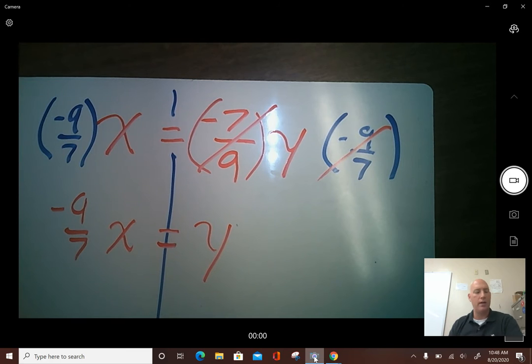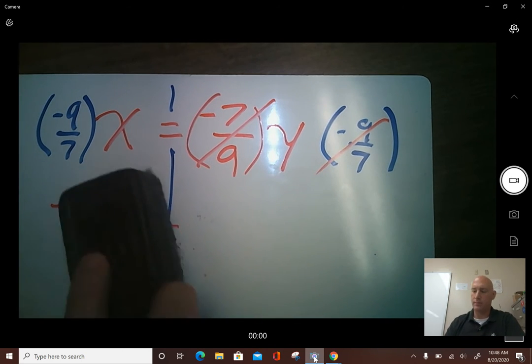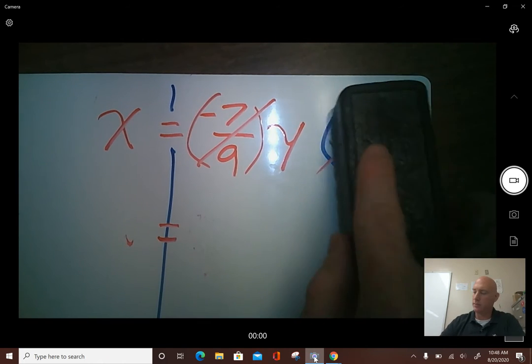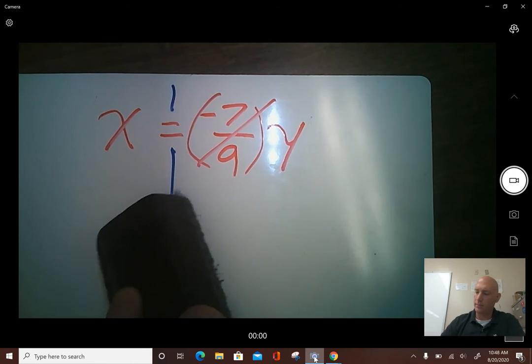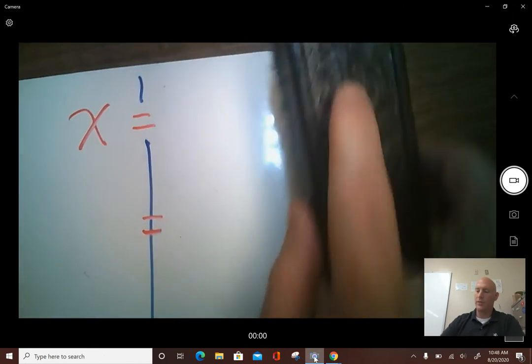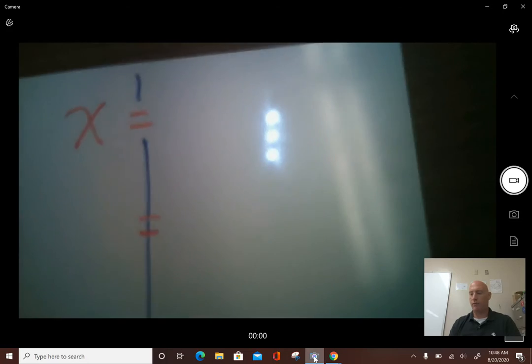Now, another way to look at this same exact problem is to look at it in two steps. I know a lot of us have a hard time with fractions. That's fine.